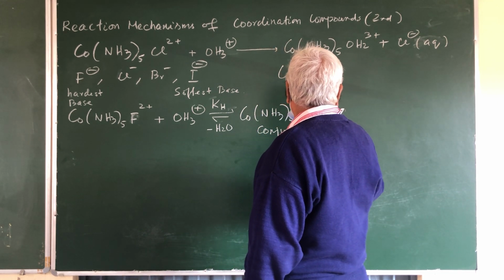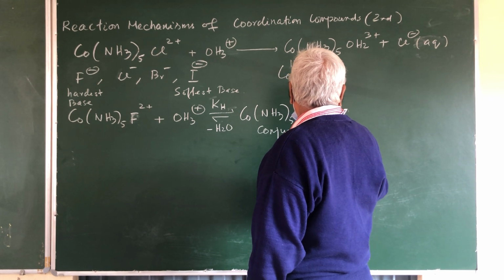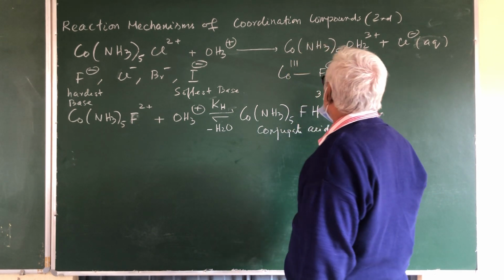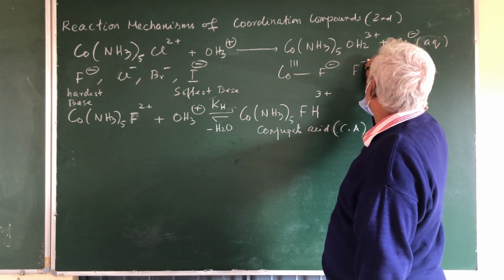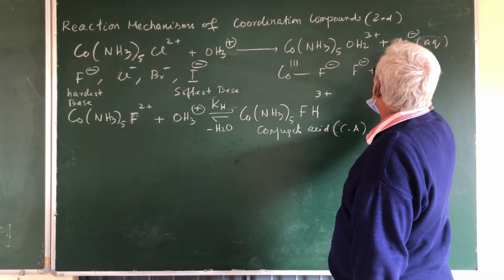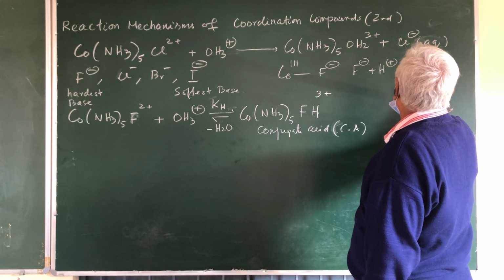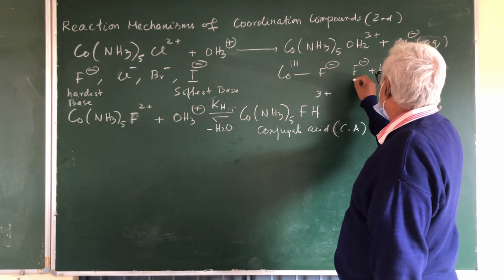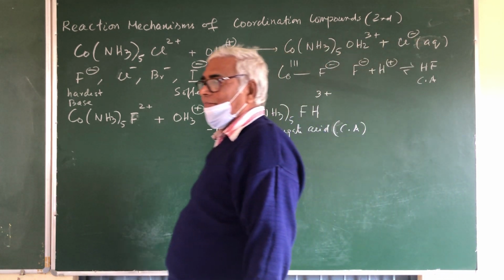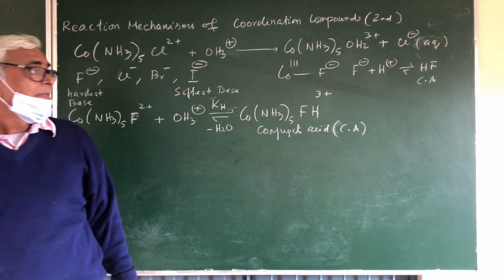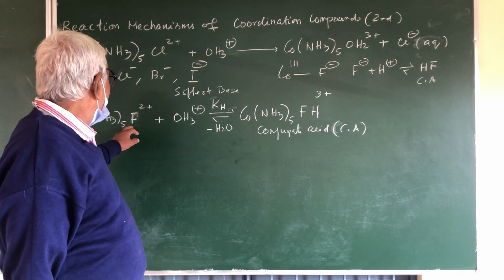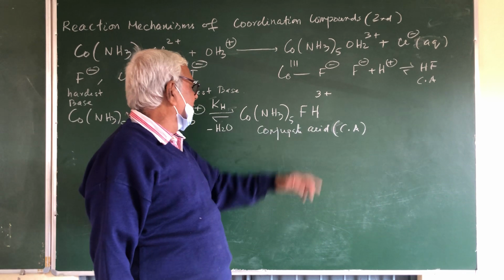We write here CA, conjugate acid. So chloride ion can combine with H plus, producing HCl. This is conjugate acid of chloride. Conjugate acid of chloride is hydrogen chloride. Similarly, conjugate acid of coordinated chloride will be this complex.